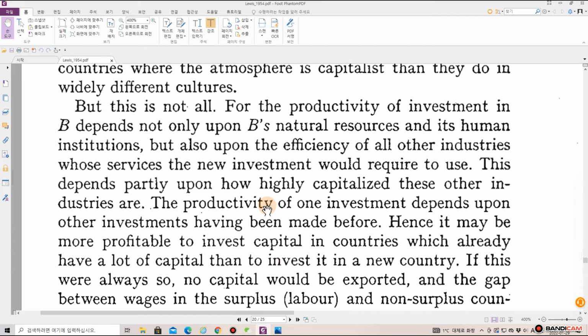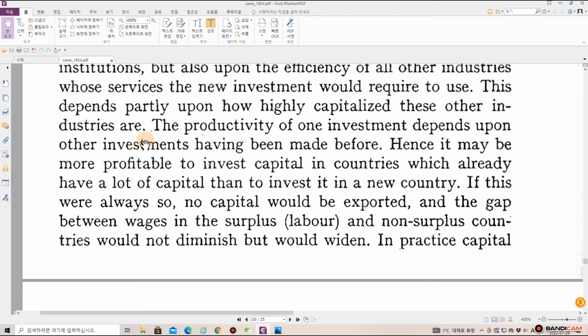The productivity of investment in B depends not only upon B's natural resources and its human institutions, but also upon the efficiency of all other industries whose services the new investment would require to use. This depends partly upon how highly capitalized these other industries are. The productivity of one investment depends upon other investments having been made before.